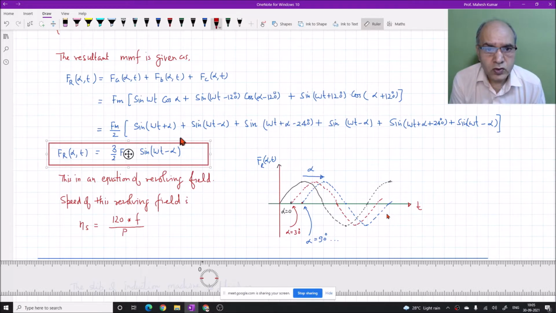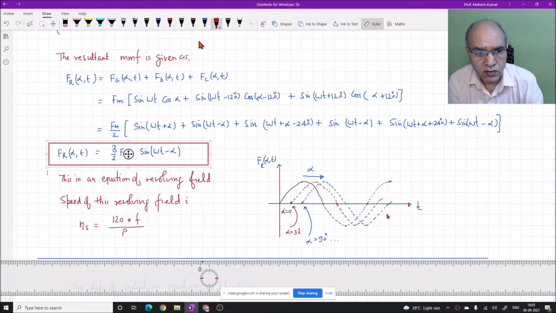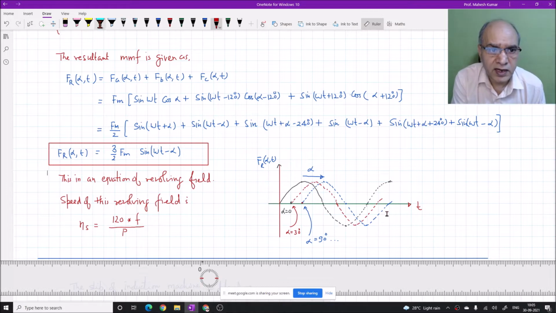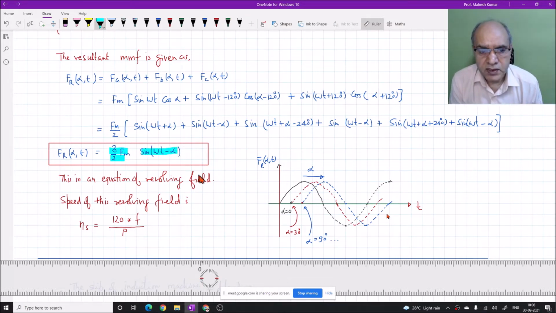It is 3/2 into Fm, where Fm is the maximum value of the flux for each winding, into sin(omega t minus alpha). Now alpha is the position in the air gap or in space, and alpha varies from 0 to 2 pi.